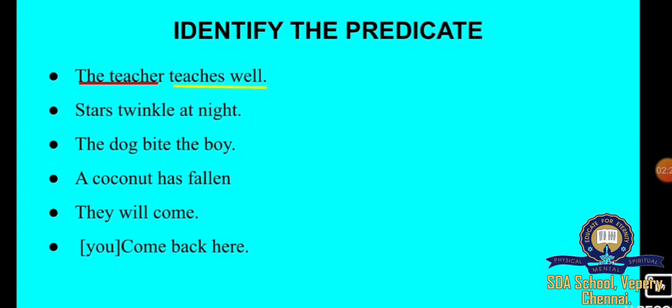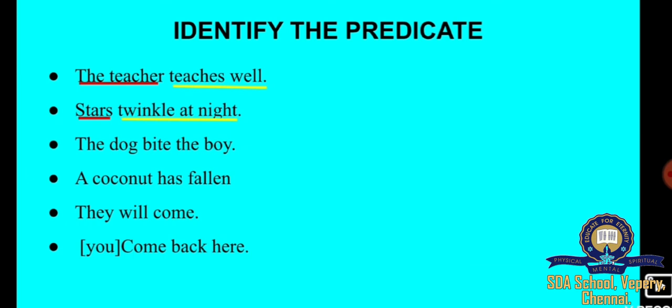And now let's see the second sentence. Stars twinkle at night. Children, here what is the subject? Yes, stars is the subject and the remaining part is called the predicate. Twinkle at night is the predicate.